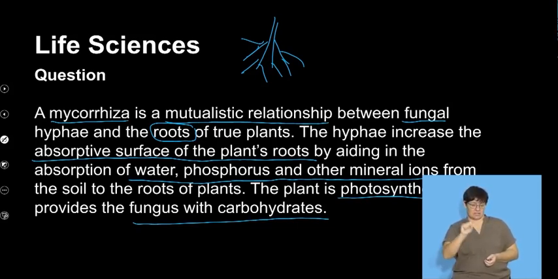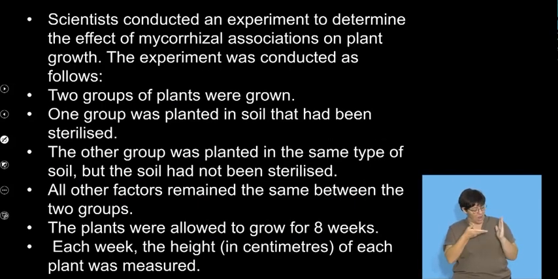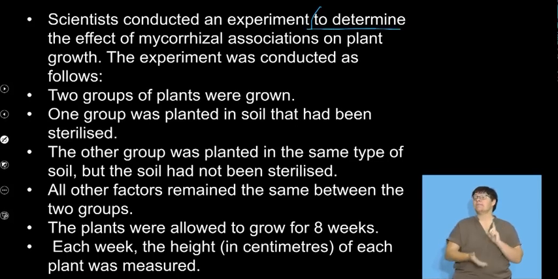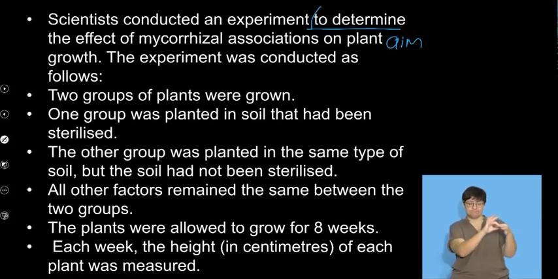A lot of the information you need is going to be here. Okay, let's set up the experiment. The scientists conduct an experiment to determine, as soon as you see to determine, that is the aim of the experiment, the effect of mycorrhizal associations on plant growth. Very simply, what do they want to know?